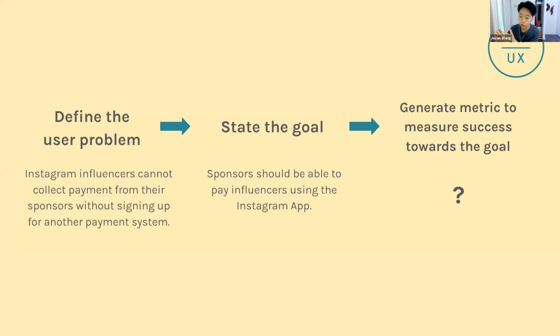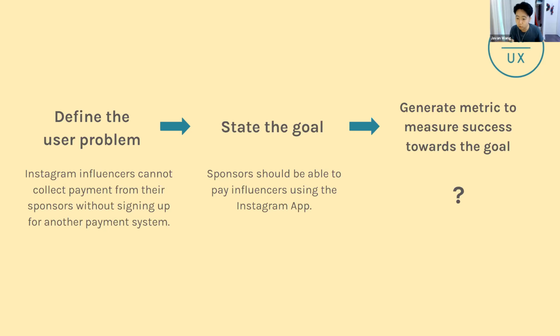So there may be the issue that, let's say you're a Canadian Instagram influencer and your sponsor is from Germany, maybe there are currency issues involved. Maybe there are identity and verification issues involved. Maybe they're just a scummy sponsor and they decide not to pay you.